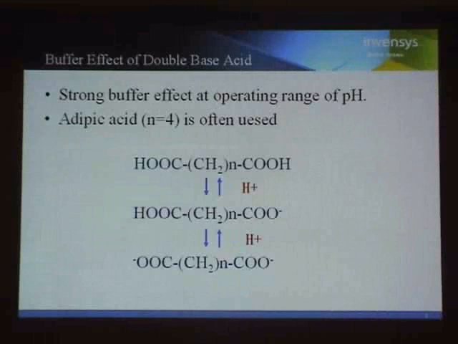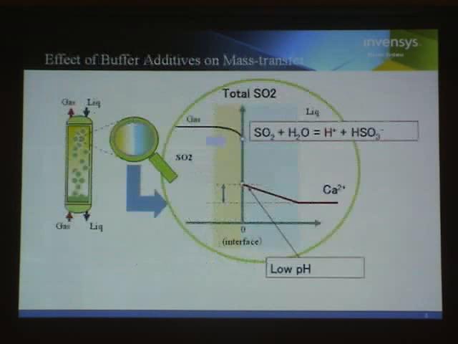The buffer component is often a double base acid, like adipic acid. This kind of double base acid has a strong buffer effect at the operating pH range of flue gas desulfurization. The addition of this kind of buffer component has a strong effect not only on the solubility of sulfur dioxide, but also on the mass transfer rate at the gas-liquid interface.